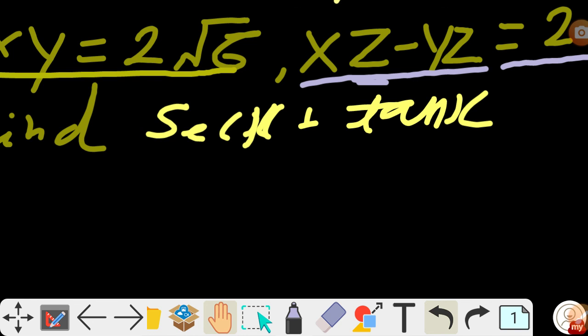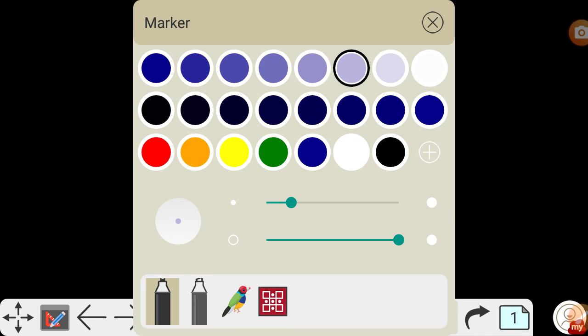According to this data we will draw a triangle.